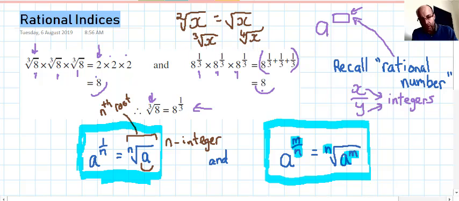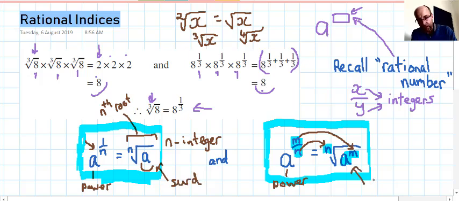Notice how the integer on the top, when we write it in surd form, sits beside the base there, and the integer on the bottom, when we convert it into surd form, is the nth root, which is related to that n there. So the two forms, that's power form with a rational index, and that's surd form, which you're familiar with from our previous work. Okay, so that's converting the same information to surd form.